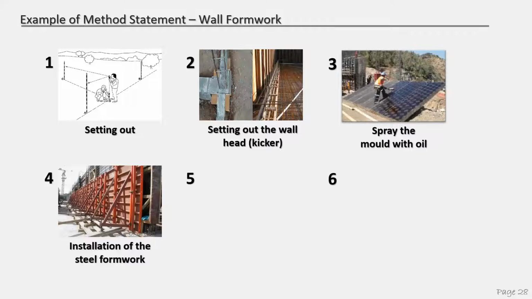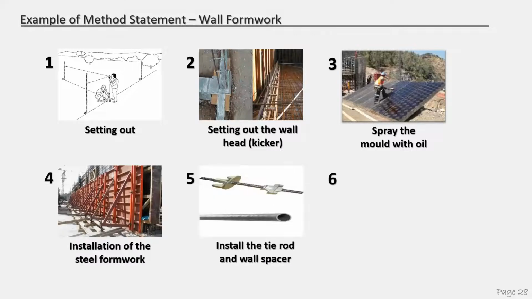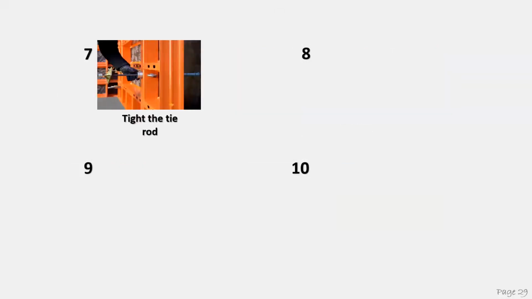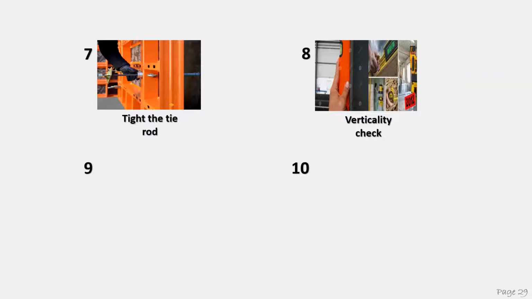Installations of the steel formwork. Okay, then the tie rod and also wall spacer if required, and installing other side of steel formwork, yang this one lah. This is basically to support the formwork itself, and also to make it easier for the next level works. So that is the formwork system. So the verticality check.